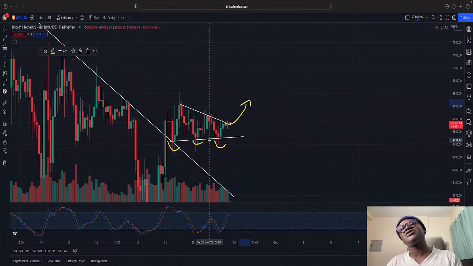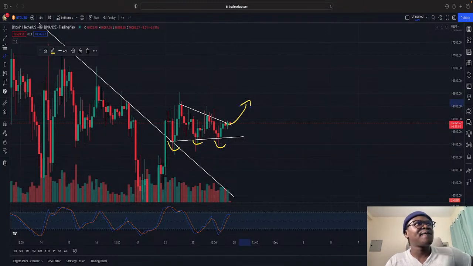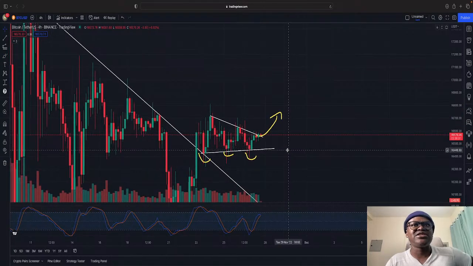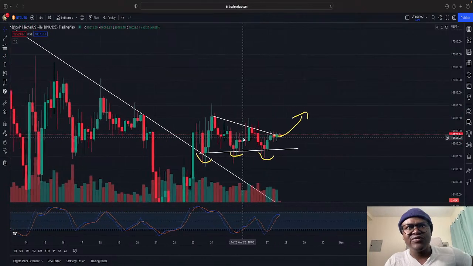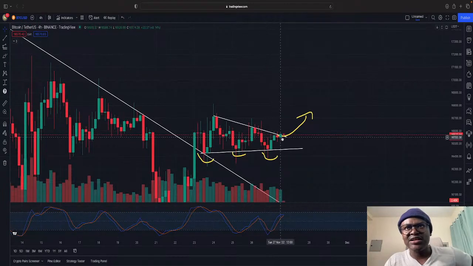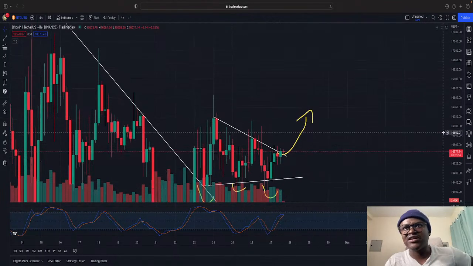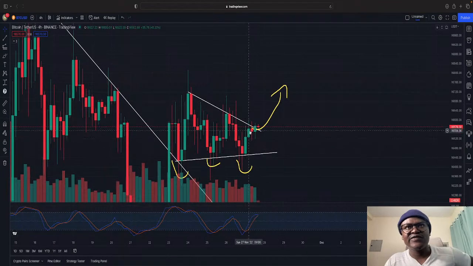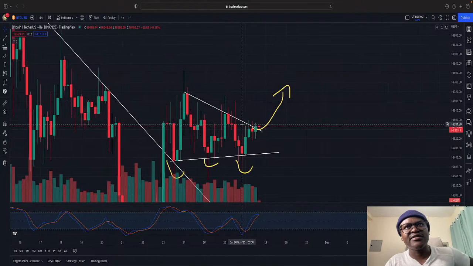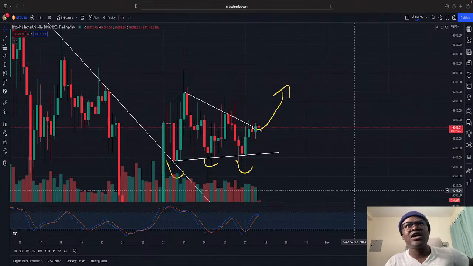We were talking about Chainlink going up before. Of course, BTC has to go up if Chainlink is to go up. It will be very unlikely that Chainlink goes up without BTC going up. But if we look here, we will see that this candle actually closed out of this descending trend line here on the 4-hourly.